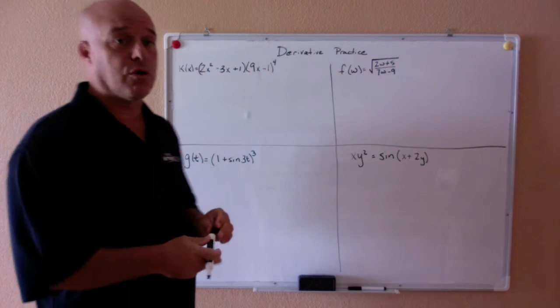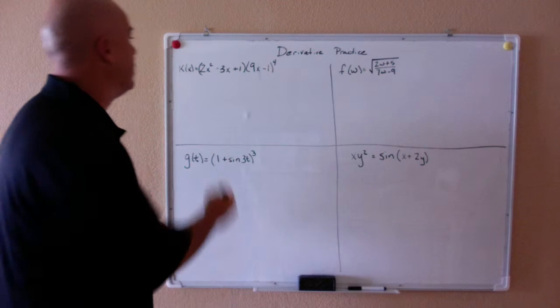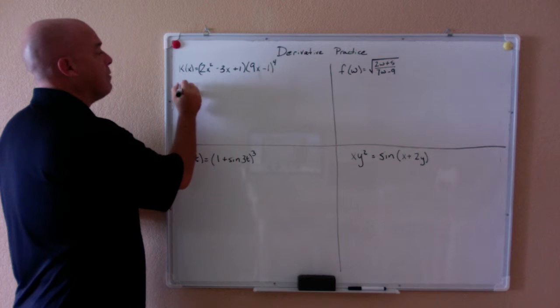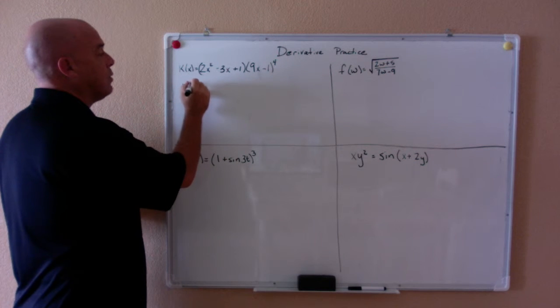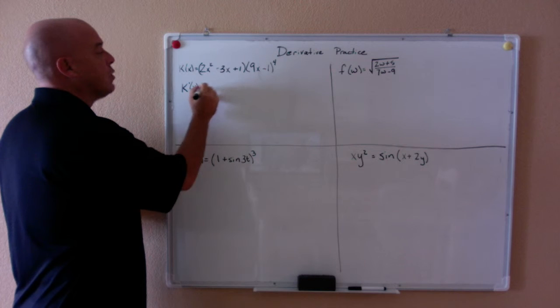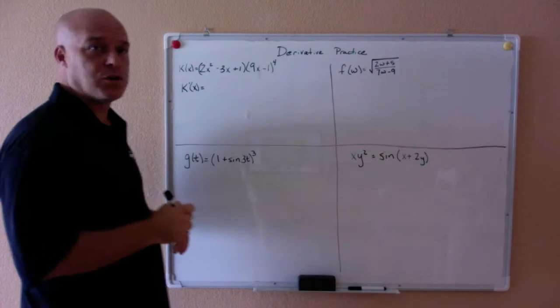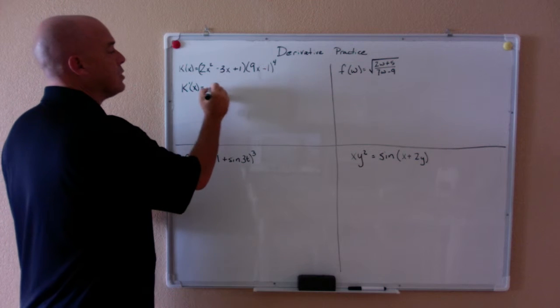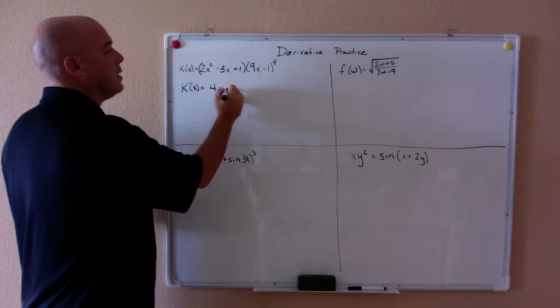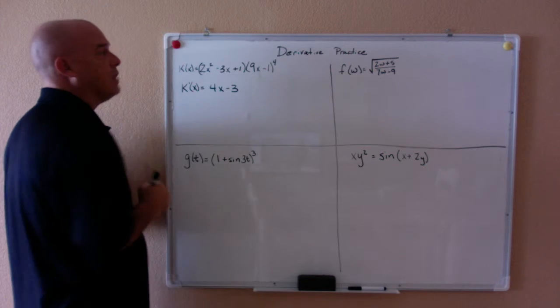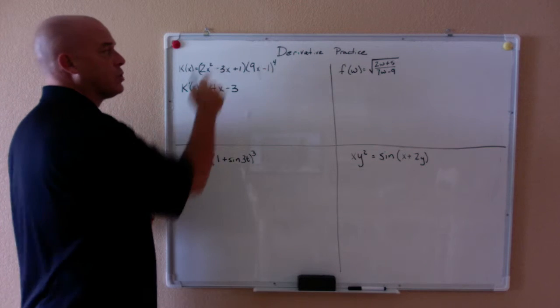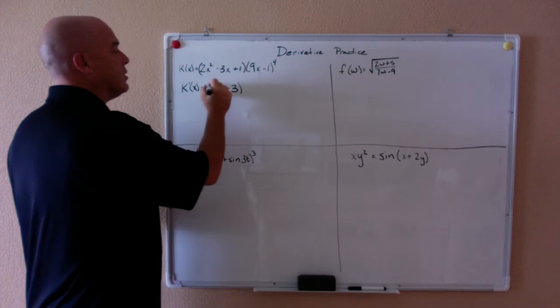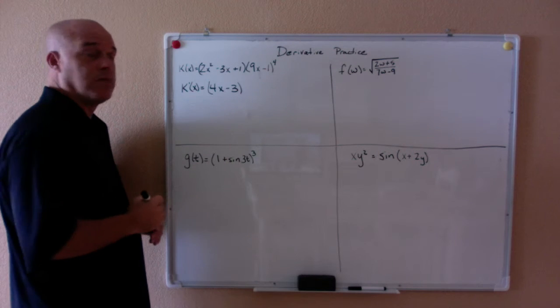So using the product rule, when I differentiate this to start off with, I'm going to get that k prime of x, or the derivative of k with respect to x, is going to be equal to the derivative of the first piece. So this is a straight power rule. The derivative of 2x squared is 4x, minus 3, the derivative of negative 3x, and of course the derivative of plus 1 is 0. So there's my derivative of the first piece.